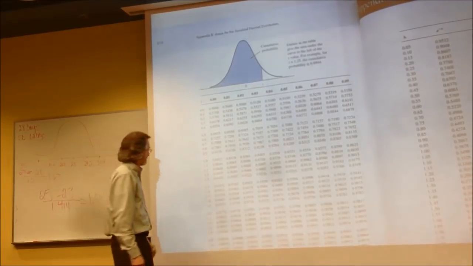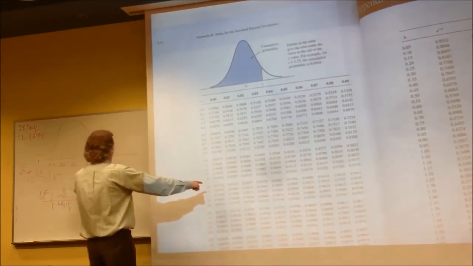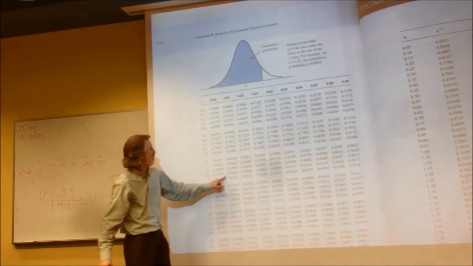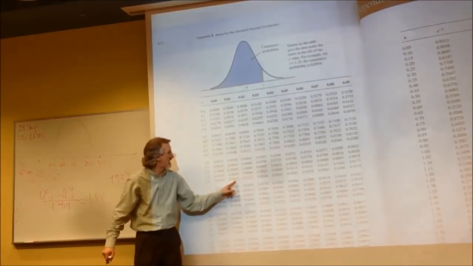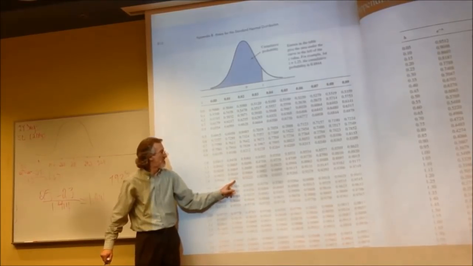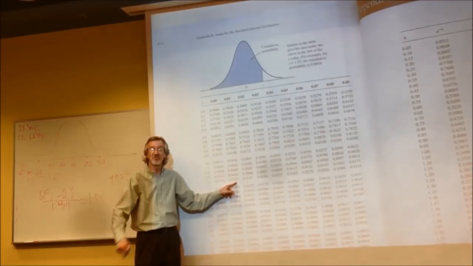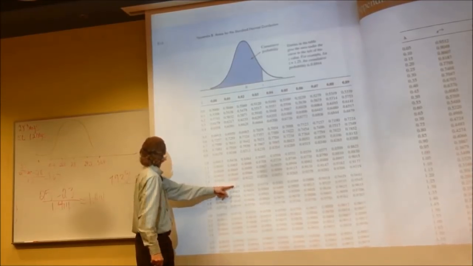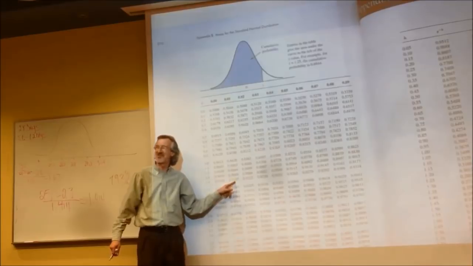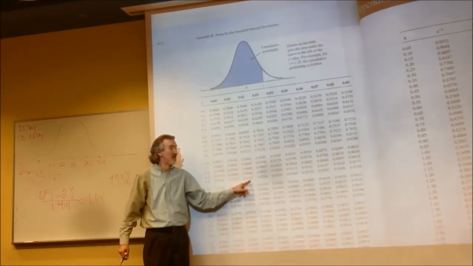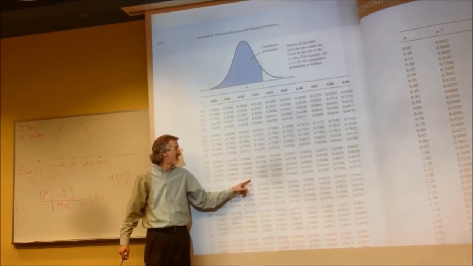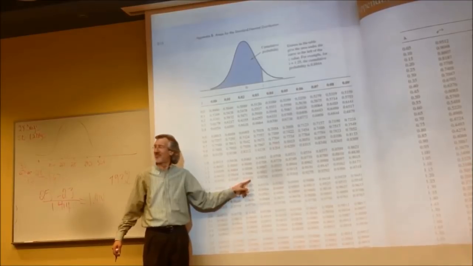All right, here we go. 1.41's there. 1.42's there. 100% minus this is going to be 7 point something. This is the one you use. 7.93. This one would have been 7.7, 7.8.